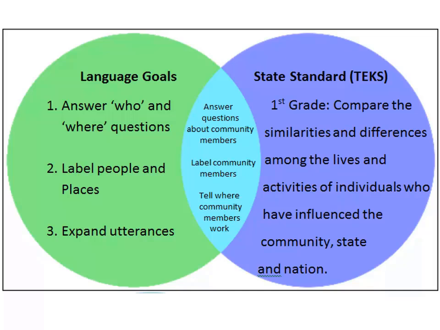And then the specific state standard states for a first grader that they should be able to compare the similarities and differences among the lives and activities of individuals who have influenced the community, state, and nation. So how can these two intersect? Well, take the unit, so just working on community members. You could work on answering questions about community members, labeling community members, and telling where community members work.